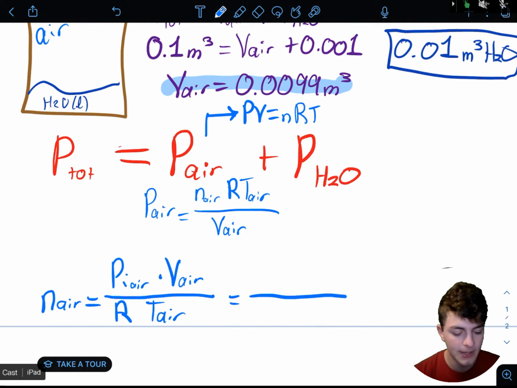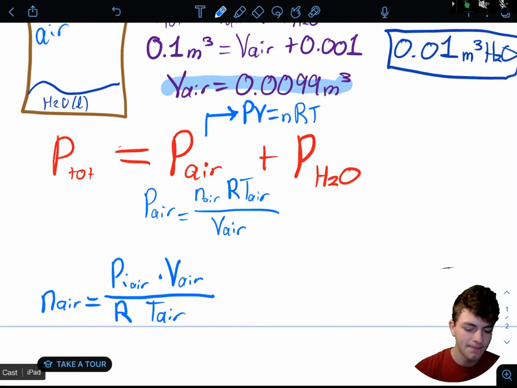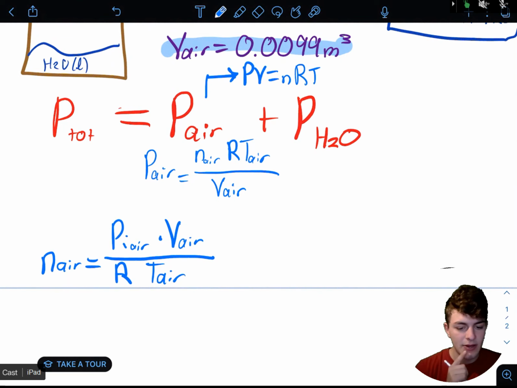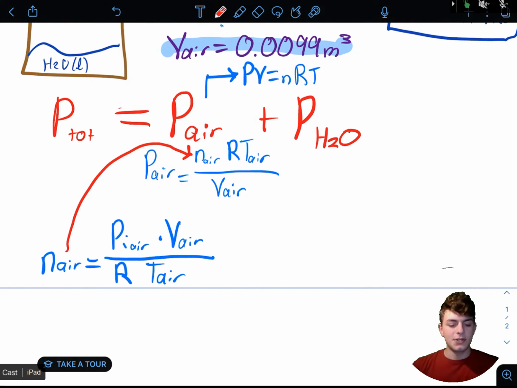And this here we have, and we could go ahead and solve for that. However, if we multiply this into the equation, we would notice that some of our variables are going to cancel out. If I put this in for the moles of air in this equation, what would initially cancel out is the ideal gas constant.